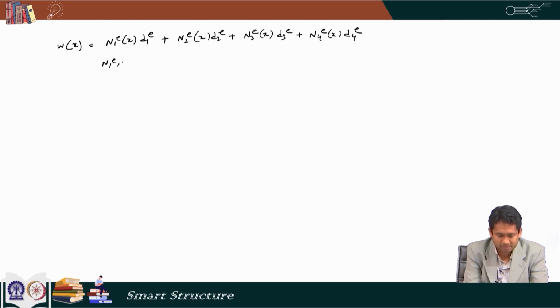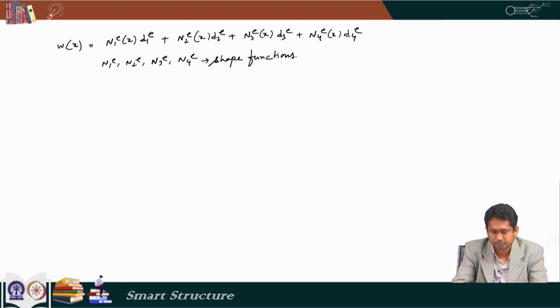So, n 1, n 2, n 3, n 4 are called shape functions. Now, what we do is we put this approximation in the variational form.